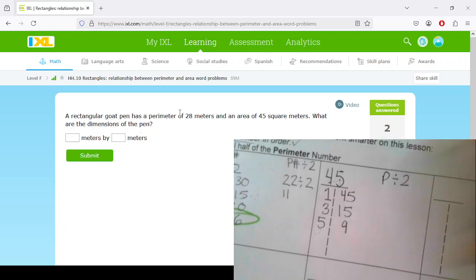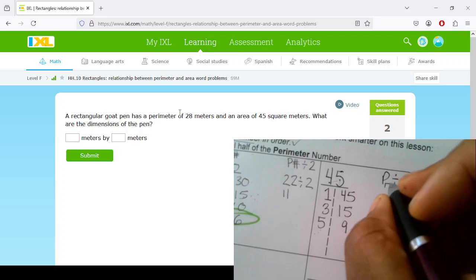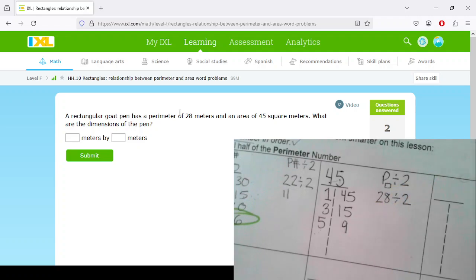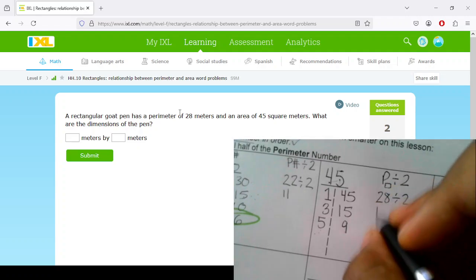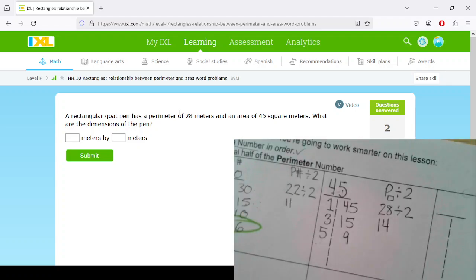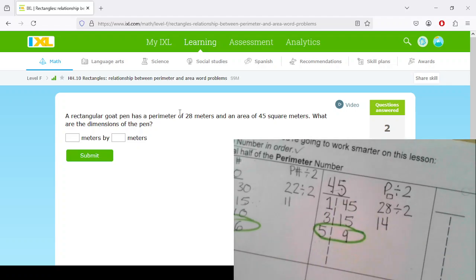The perimeter divided by 2. What is the perimeter? 28 divided by 2 is 14. So I need two numbers that add equal 14. The dimensions of this goat pen are 5 meters by 9 meters.